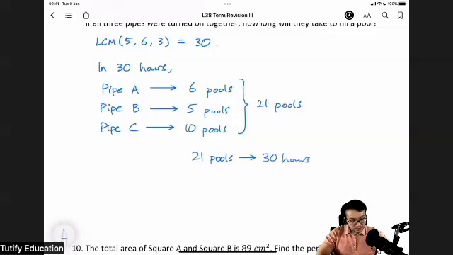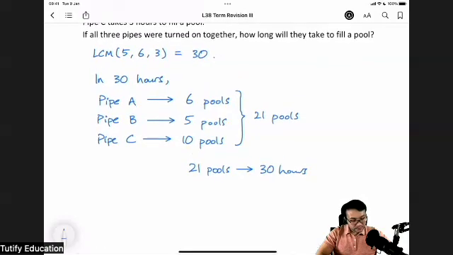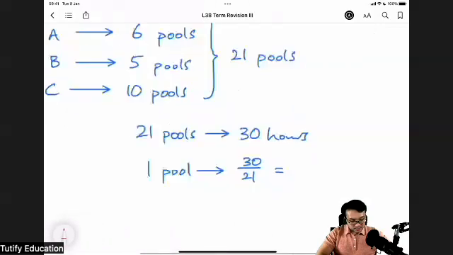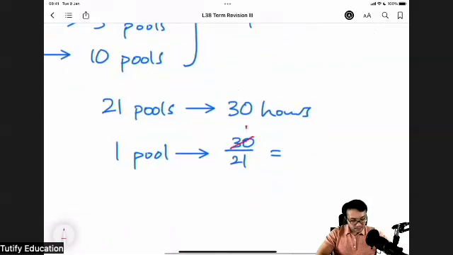So the question is asking you, how long will it take to fill one pool? So what must I do to the number 30? Divide by 21. So let's simplify the fraction, okay? Now let's divide it by 3. I get 10.